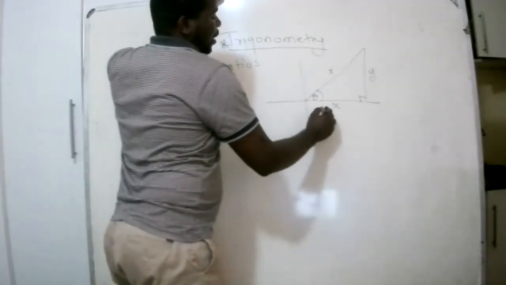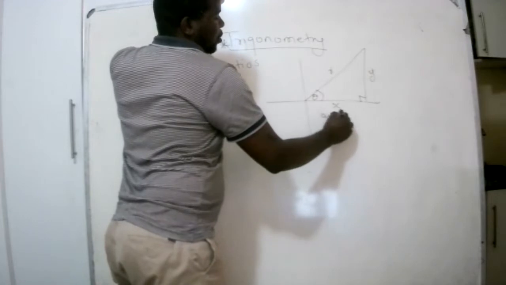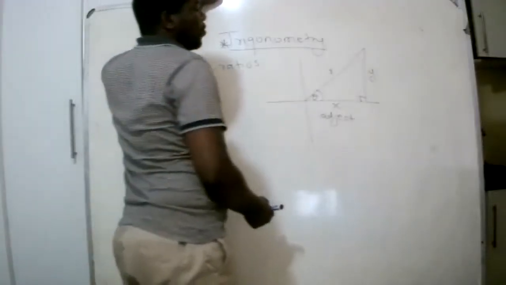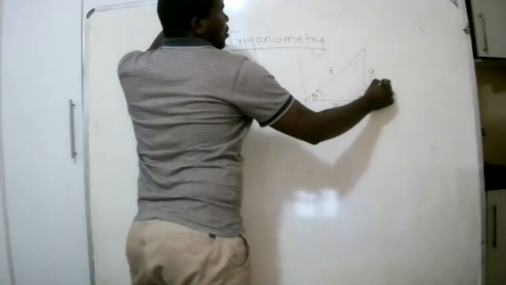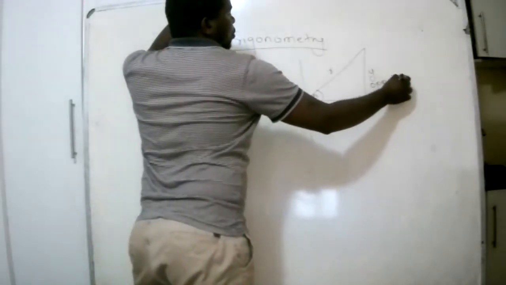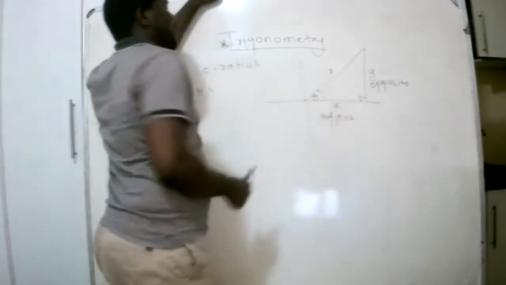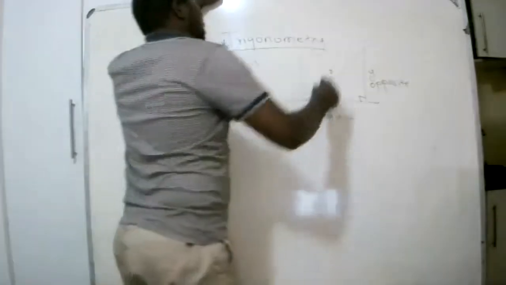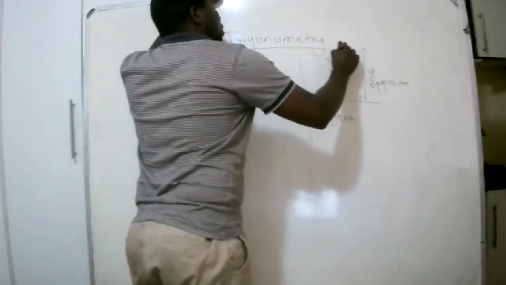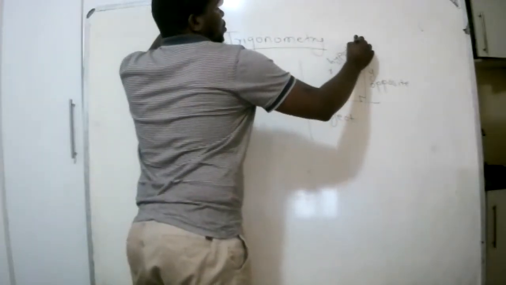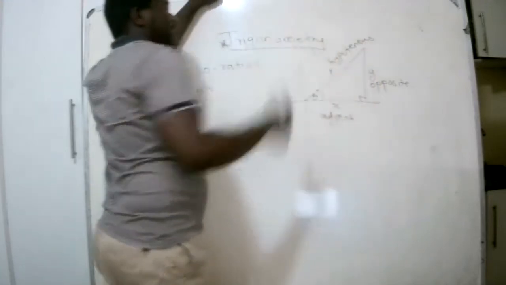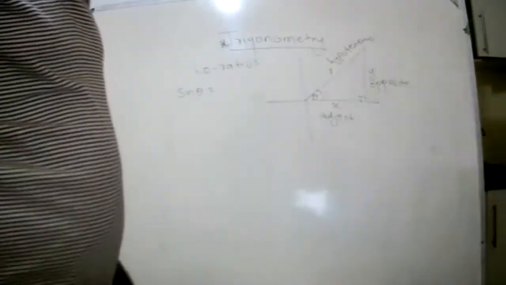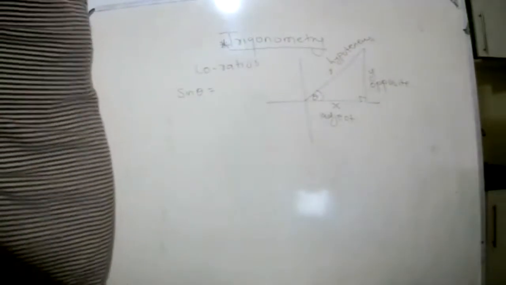The adjacent side, yes. And what do we call that side Y? The opposite side, definitely. And this side R is the hypotenuse. Don't forget that information, it's very important. So we have opposite, adjacent, and hypotenuse.